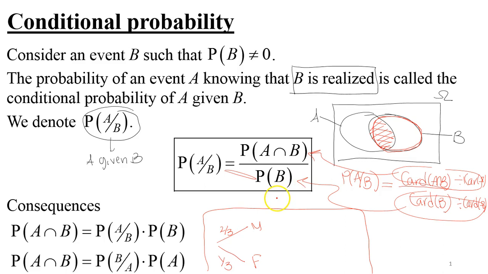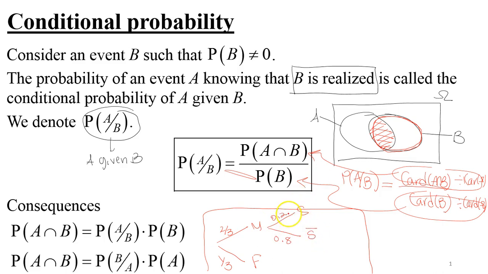Now, if I tell you that 20% of the males do swimming, it means that I have a probability of 0.2 for the male to be swimming and 0.8 for the male not to be swimming.